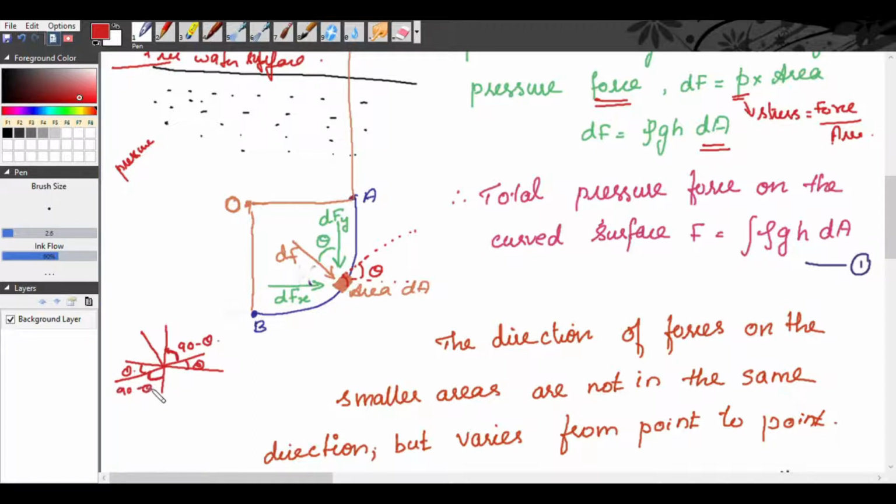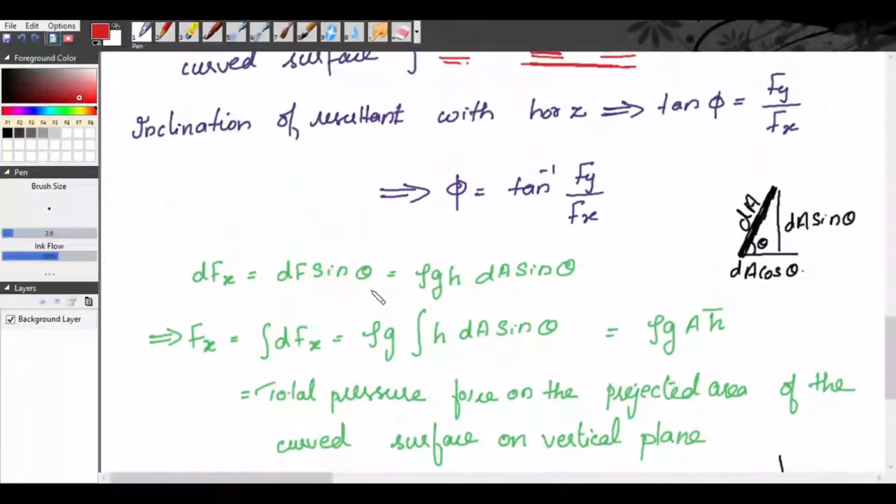Now let us see the individual components dFx and dFy.